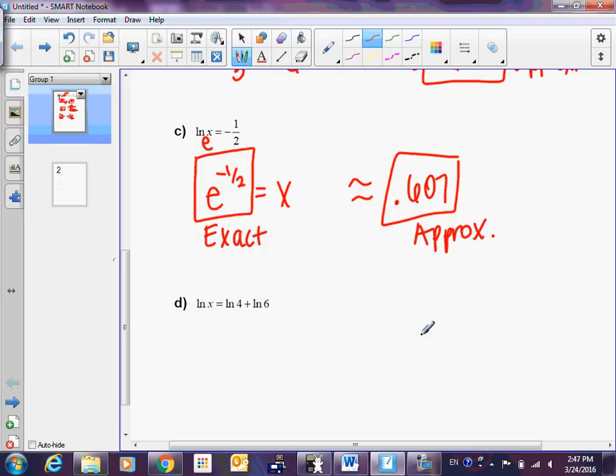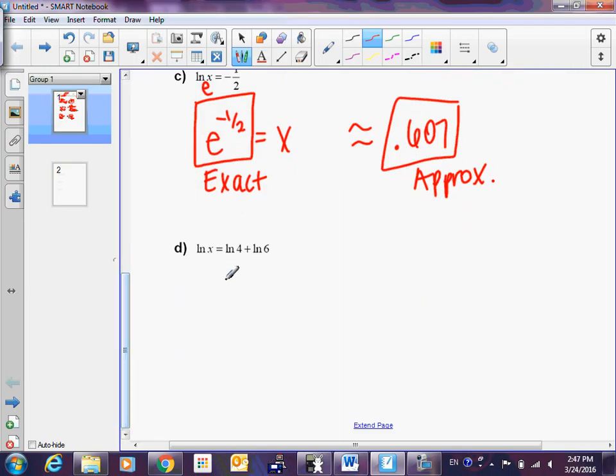Okay, what do you guys think about D? What should we do? Yeah, condense it to be a single natural log, and what would I do with the numbers 4 and 6? Would I add them or multiply them? Multiply them. The log property says if you have a log plus a log, it's a single log with the product, or multiplying.